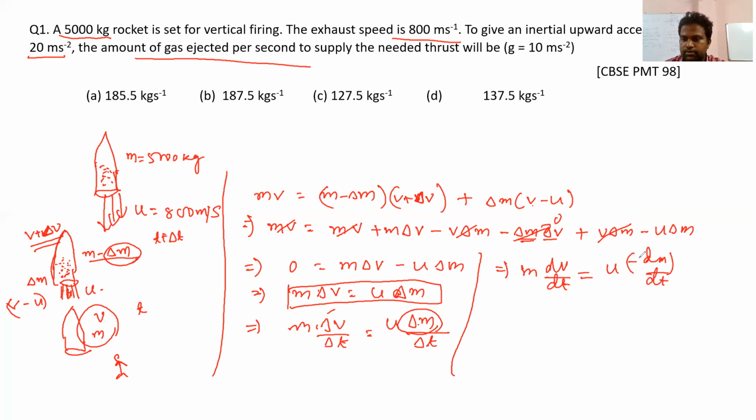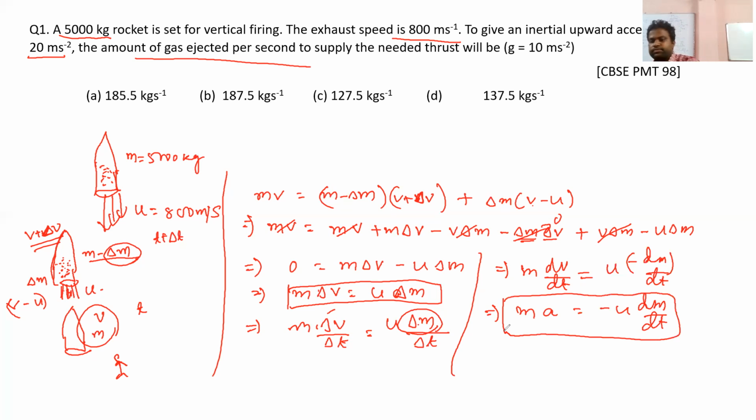This is the rate of change of the mass of the rocket. dv by dt is known to us, this is acceleration. So ma is minus u dm by dt. This relationship is a very important relationship.